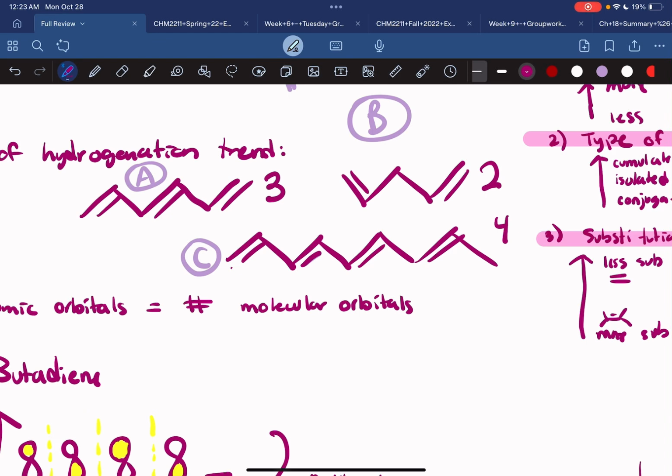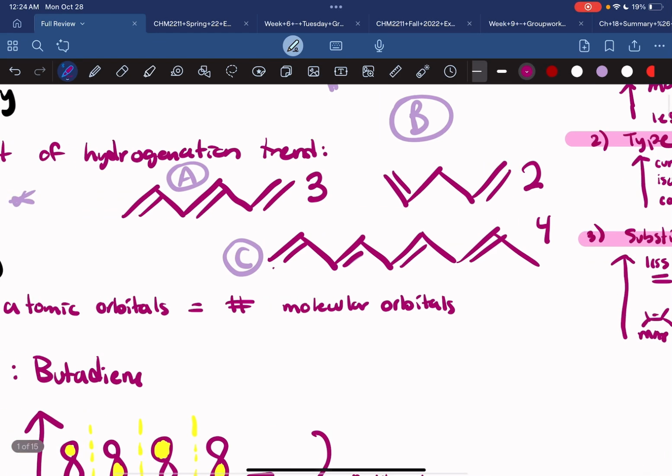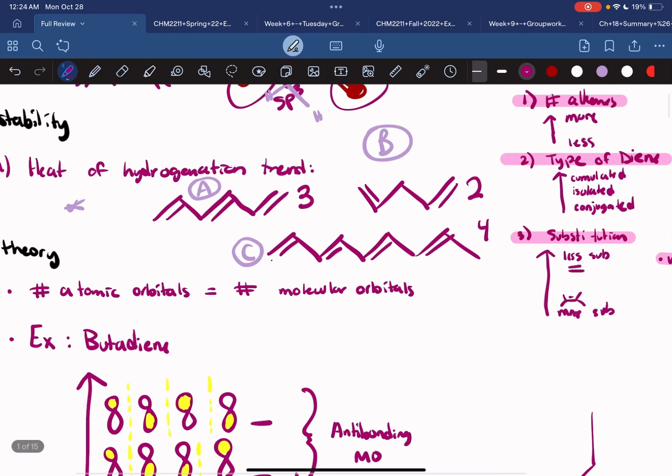So let's decide on the ranking. Which one has the most alkene bonds? Compound A, compound B, or compound C? In the case of this example, it seems like compound C has more alkene bonds, so it will have the highest heat of hydrogenation.